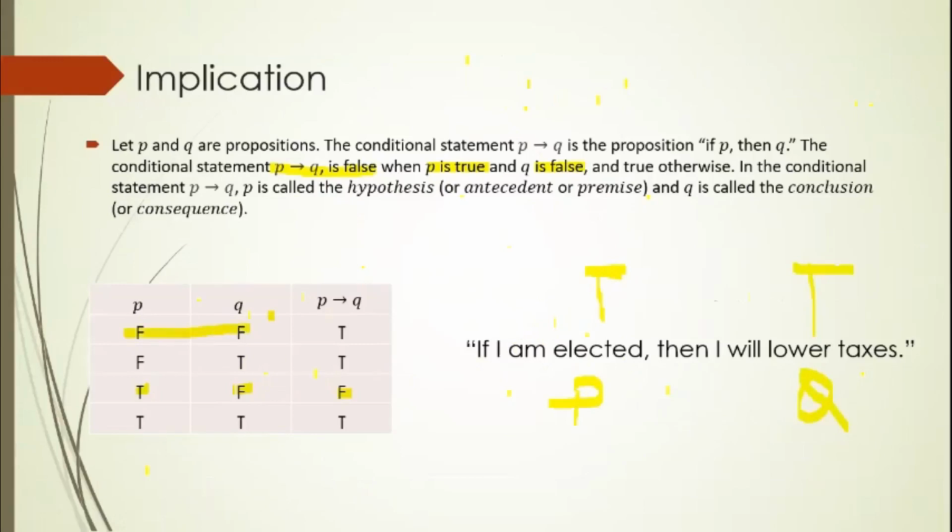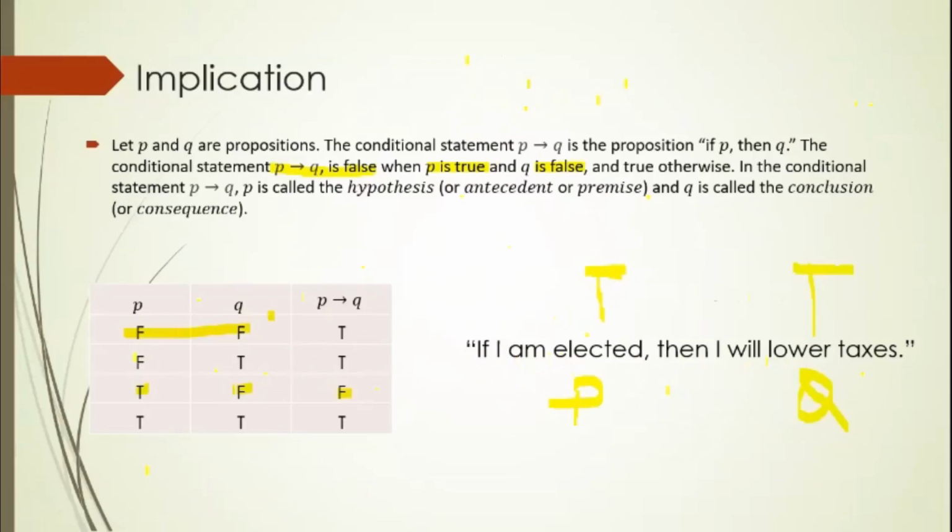You have to take the negation of that. If I will not be elected, then I will not lower taxes. So you have seen that I have introduced the word not to negate the statement. From true, it now became false.